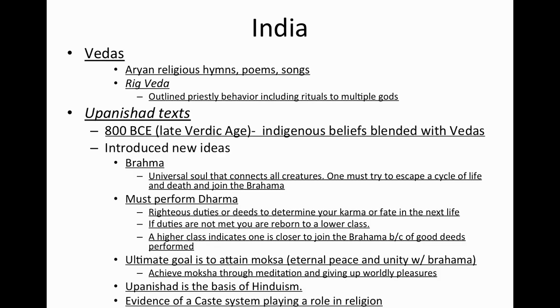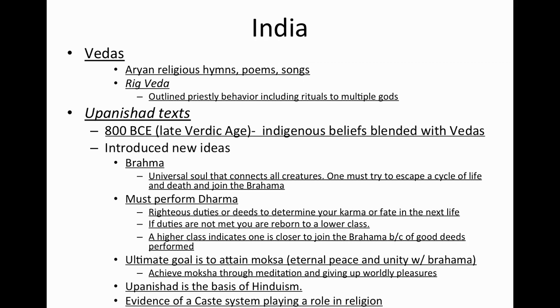All right, India, right? So remember, India is an isolated region, but eventually Aryan peoples from Eurasia would move to India, and with them brought their Aryan religious poems or hymns, and these were called Vedas. The famous Veda was the Rig Veda, and it basically just established behavior and rituals to multiple gods. Eventually, we're going to see the emergence of Upanishad texts, and again, these are religious beliefs that are written down.